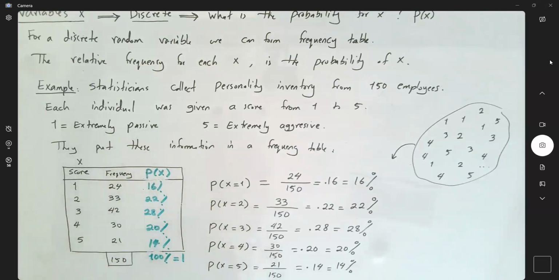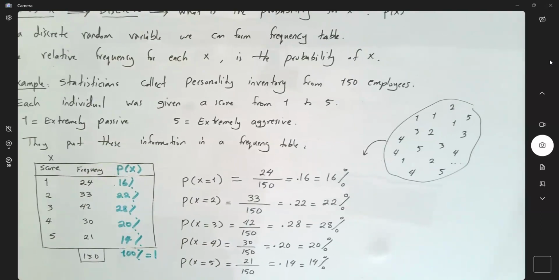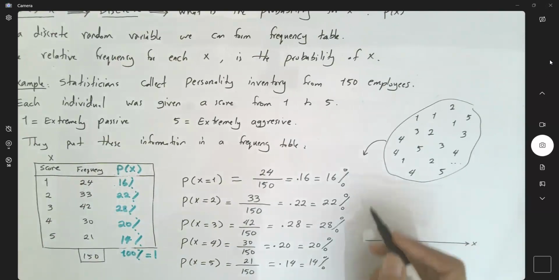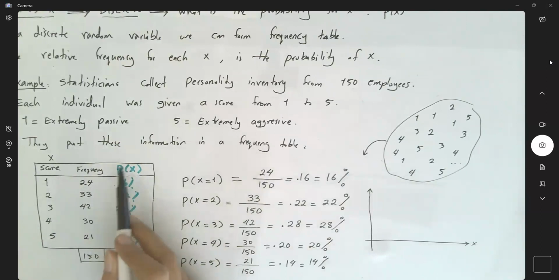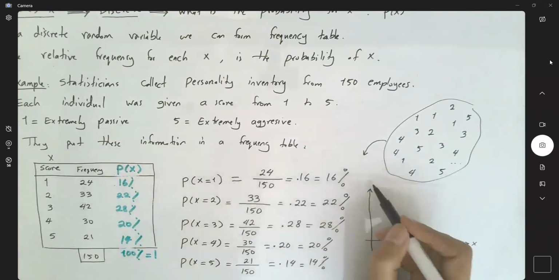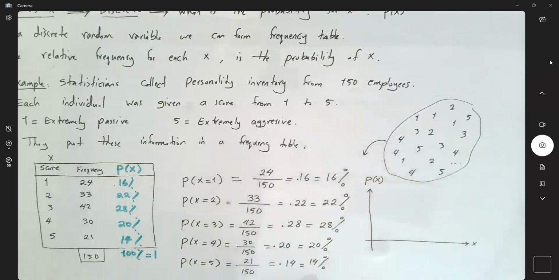You can easily visualize this as well. The visualization is not that difficult. You've done it before. On the horizontal line, we're going to have X values, and on the vertical line, we're going to have the relative frequency, or we have another name for it, the probability of each X. So here you have 1, 2, 3, 4, 5.